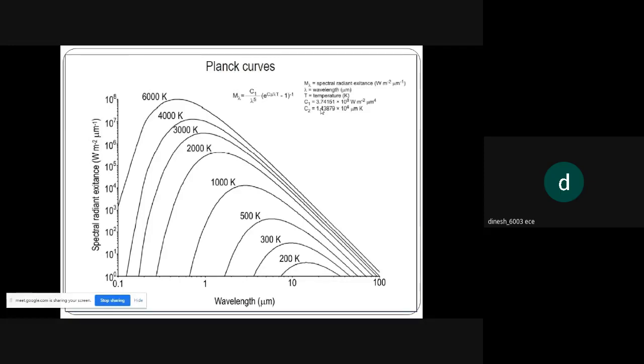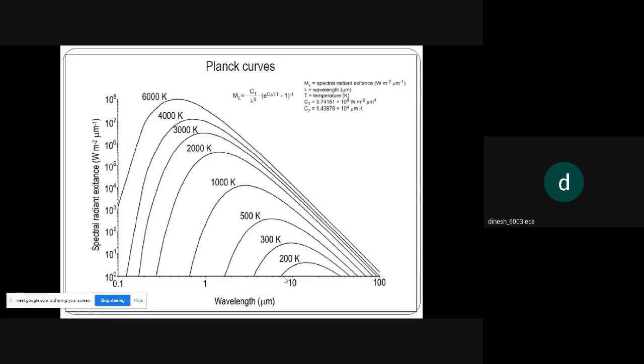C2 is a constant, 1.43879 times 10 power 4 micrometer Kelvin. So depending upon the wavelength, which ranges from 0.1 to 1000, at different temperatures, how is the spectral radiant existence?